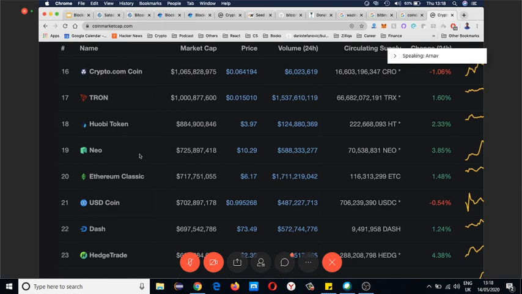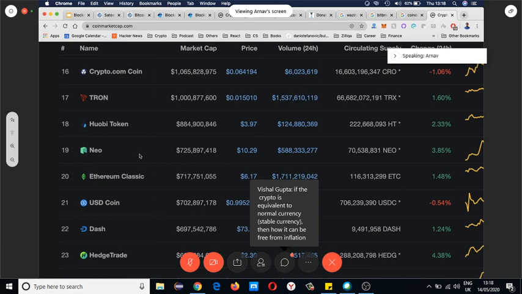So yeah, that's also something that people do, and in fact this trend is increasing quite a bit. I know people who are buying USD coin or these stable coins, because the value of the currencies of various countries is falling in comparison to the dollar.